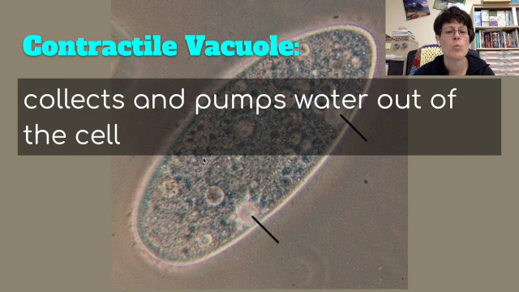These collect and pump water out of a cell. So in this paramecium, this is in a very watery environment, freshwater environment. And so these kind of, they look like little suns or star type shaped things. They will fill with water. They will go to the side of the paramecium. They will open up on the cell membrane and let excess water out so that the cell does not burst.